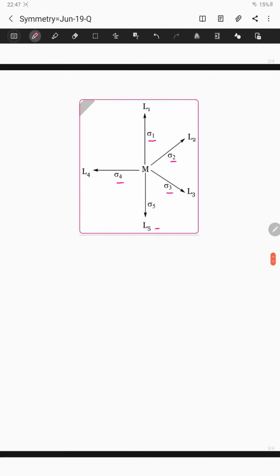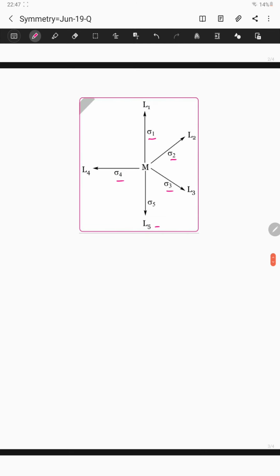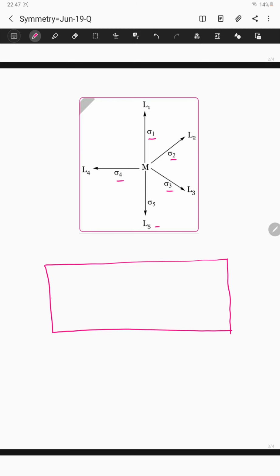So let us make it as a table. What I am trying to get is a reducible representation.